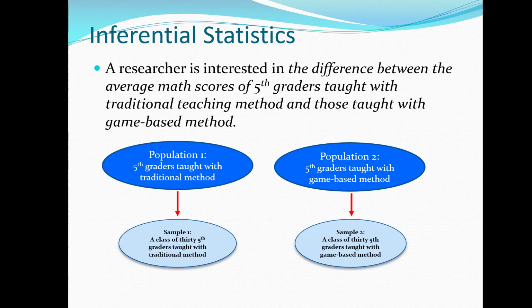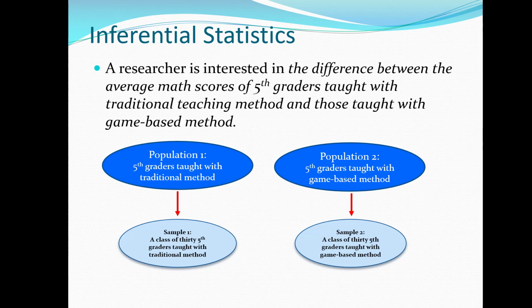Then if it's not really possible for the researcher to do that, what can the researcher do? And then the answer is, of course, the researcher can select a sample from population 1 and select a sample from population 2. So here is sample 1, a class of 35 fifth graders taught with traditional method and a class of another 35 fifth graders, but they are taught with game-based method.